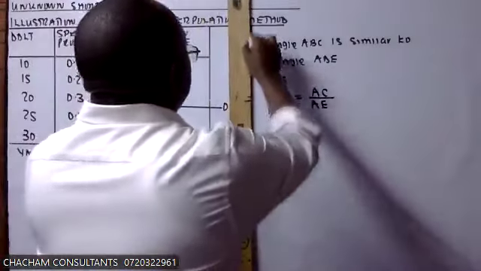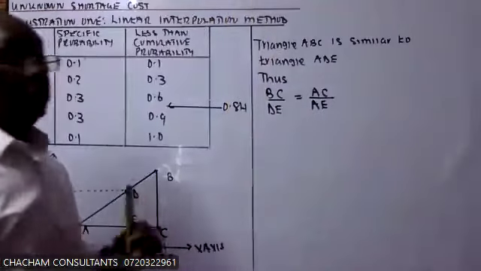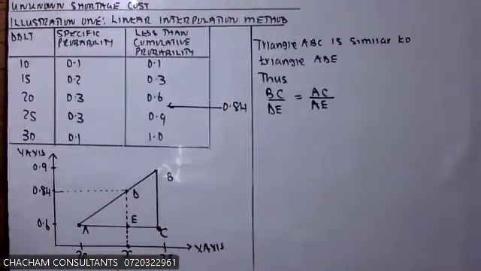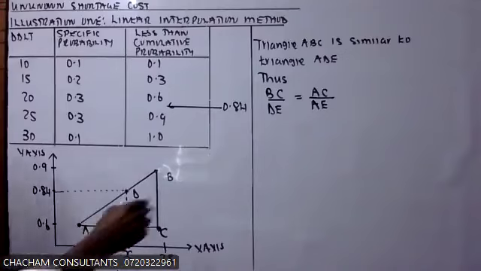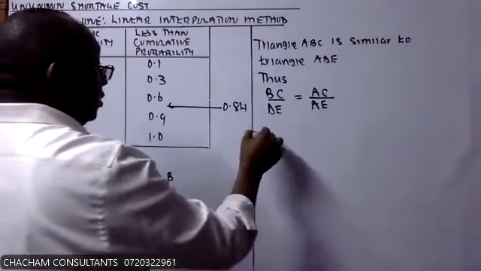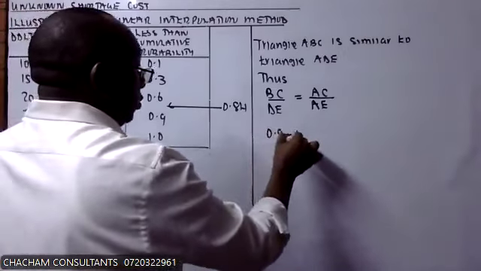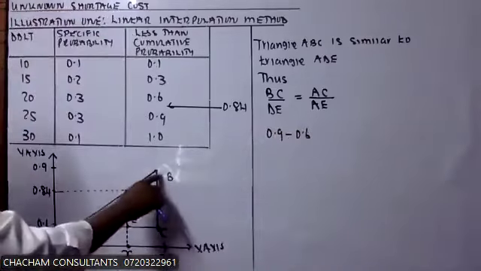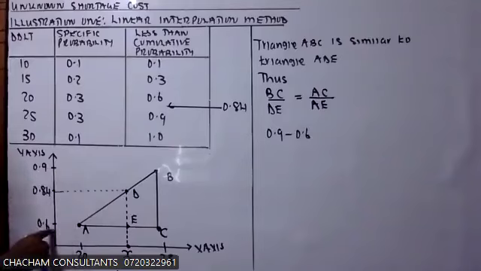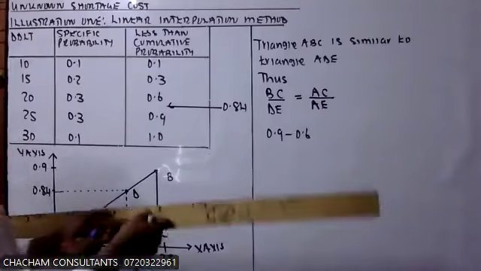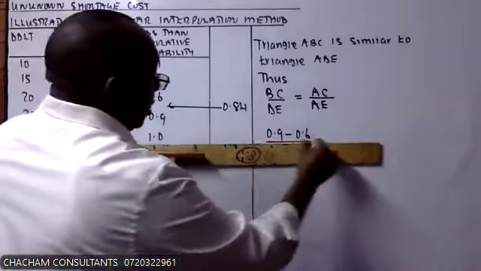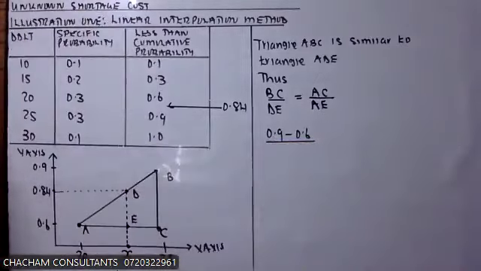In mathematics, in Form 1, this is called translation factors. So BC is this 0.9 to 0.6. This is from here up to here. Then this DE, D is from 84 to 60.